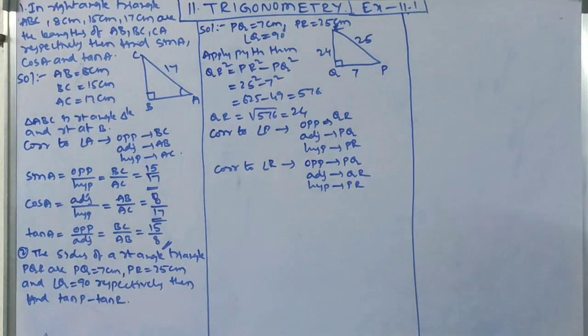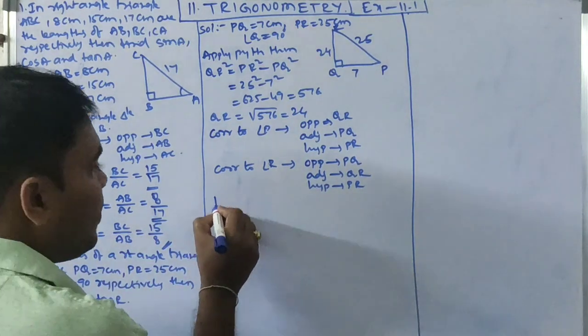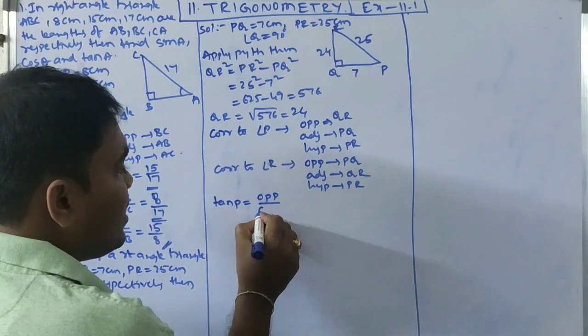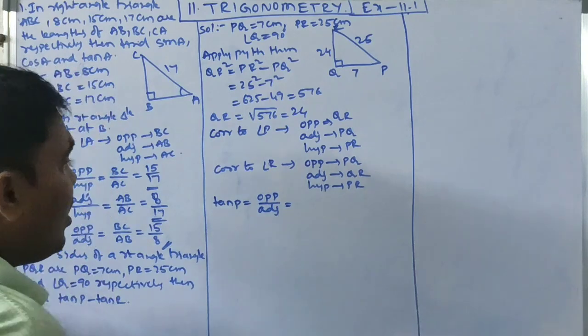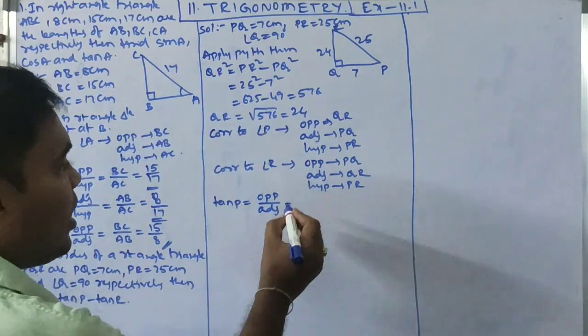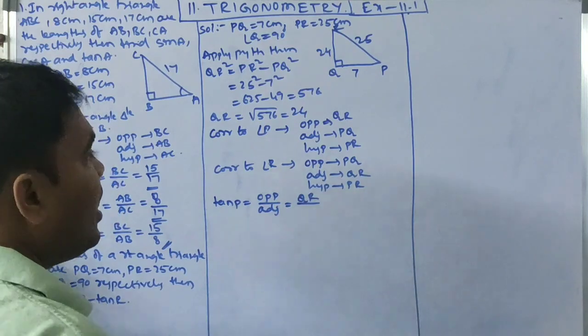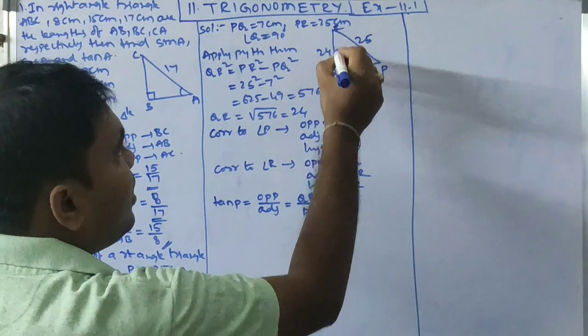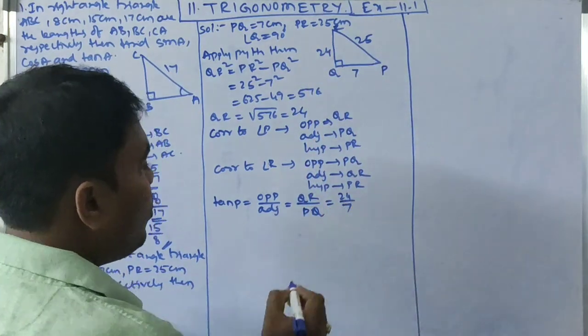Now we need tan P and tan R. Tan P equal to opposite by adjacent. Corresponding to angle P we are taking opposite QR by adjacent PQ. QR equal to 24, PQ equal to 7.